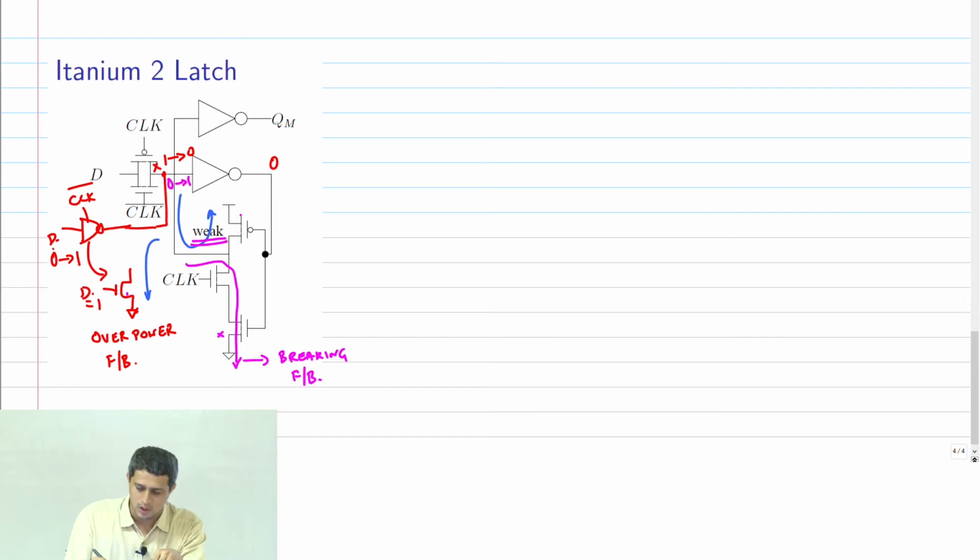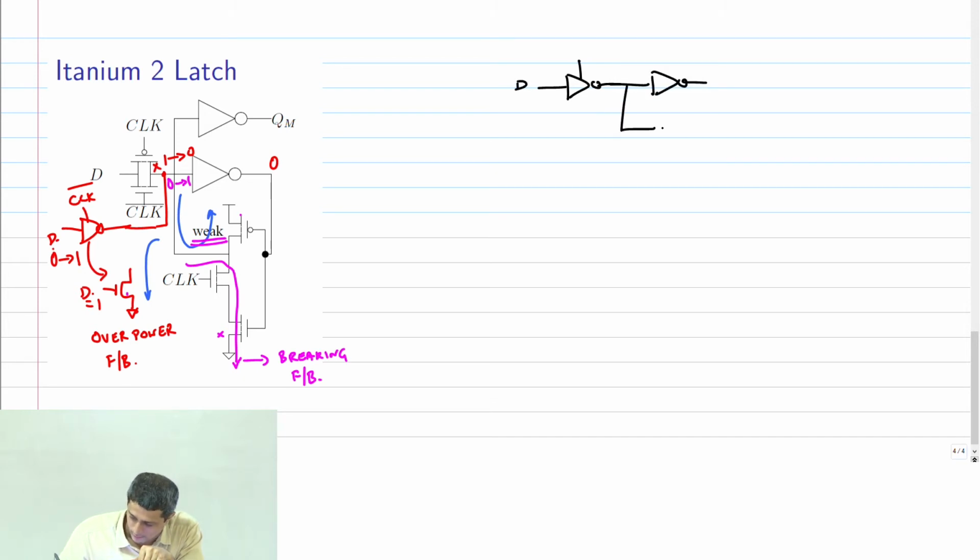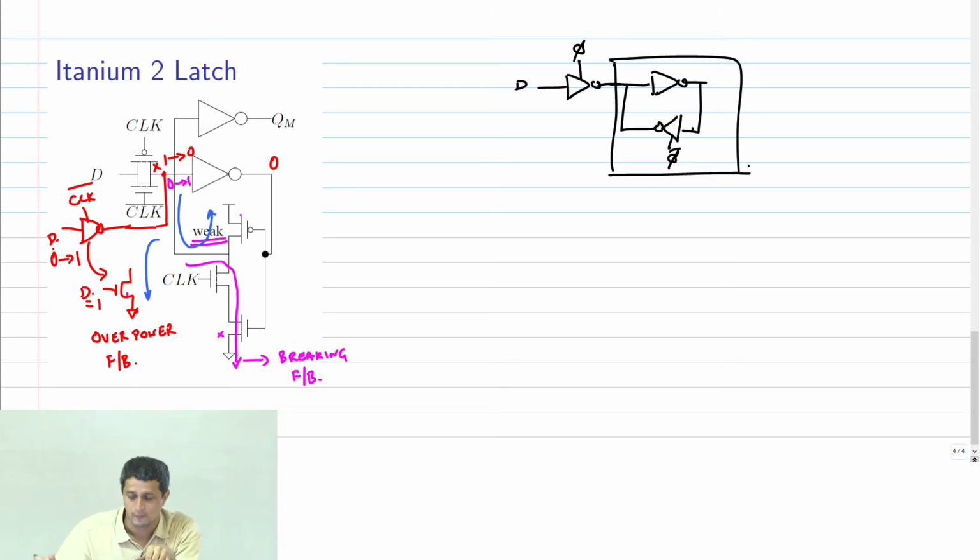Okay. So now, as I told you, I had this tri-state inverter D with a feedback. Right? This was 5 bar. Question is, do I really need this? The element that is going to hold my data is this feedback inverter.